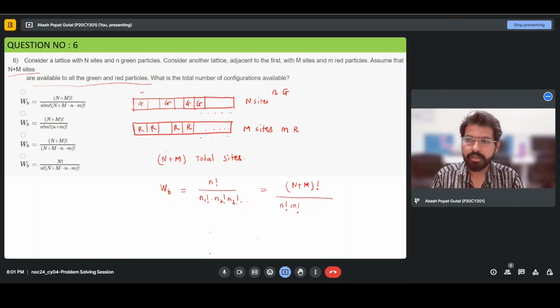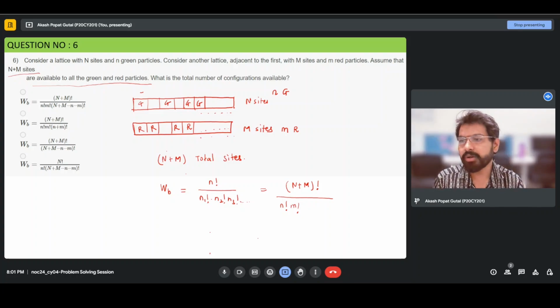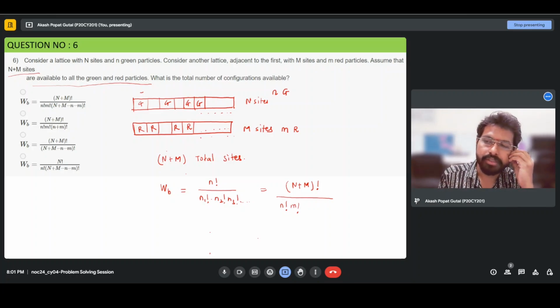So we need to divide by the number of permutations of these similar indistinguishable particles. So this will remove from the total number of microstates the permutations that are forming because of the indistinguishable particles.